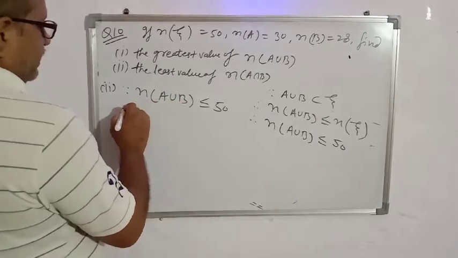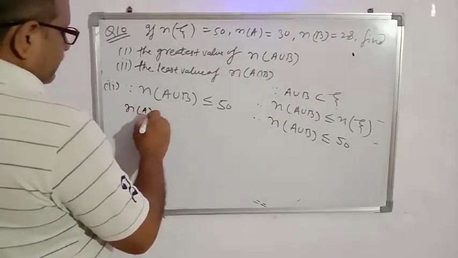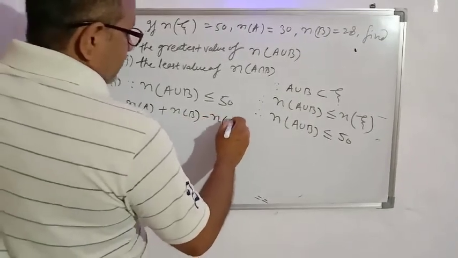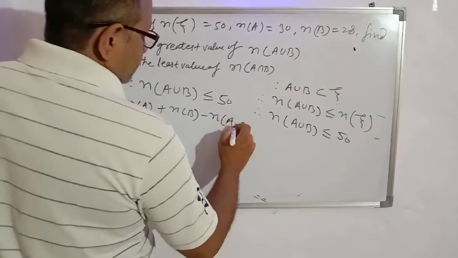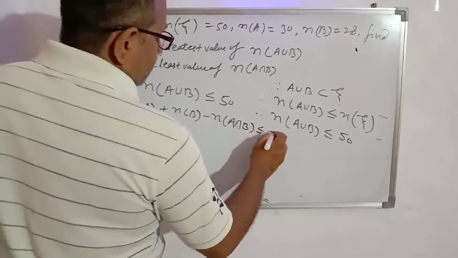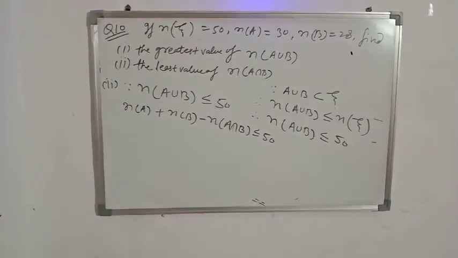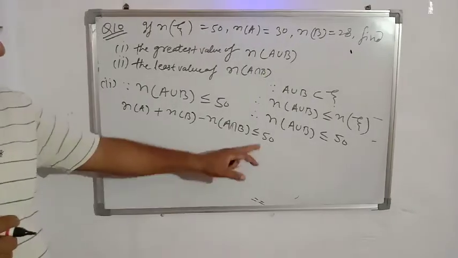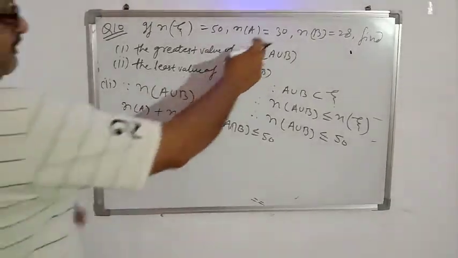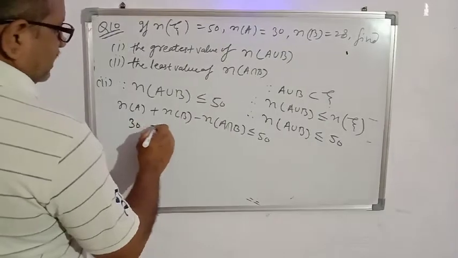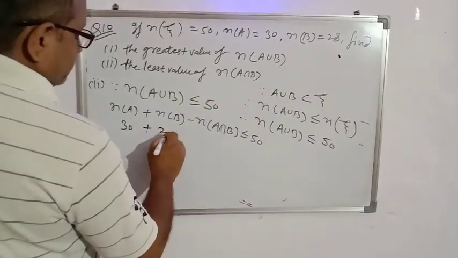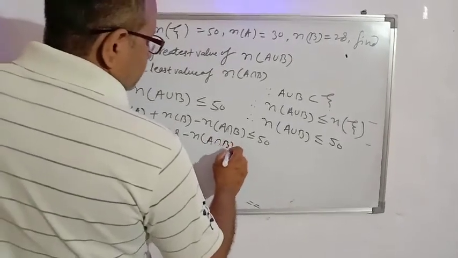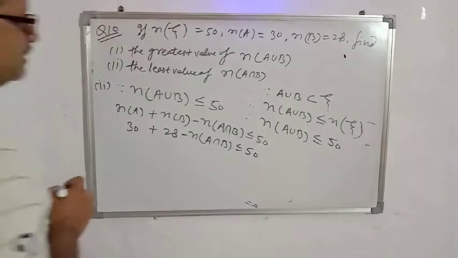What is the formula for n(A union B)? n(A) plus n(B) minus n(A intersection B). It will be less than or equal to 50. The value of n(A) is given as 30, and n(B) is 28, minus n(A intersection B), less than or equal to 50.